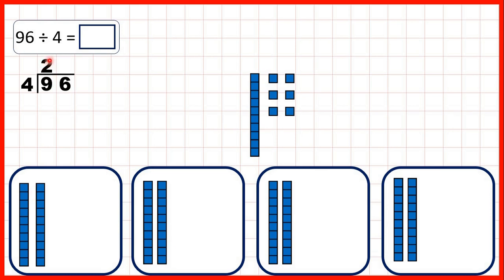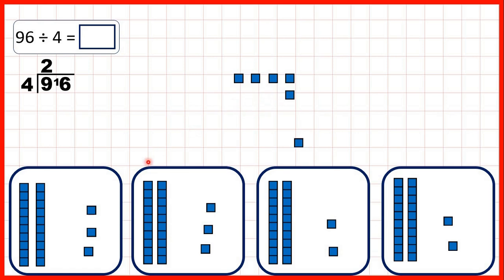But remember, 2 times 4 is 8, and we need 1 more to get to 9, so we write 1 in front of the next digit. And the reason why we do that is because we can exchange our 1 remaining ten into 10 ones, so that gives us 16 ones to share out altogether. When we share out our ones, we get 4 ones in each group, so that's why our answer is 24.